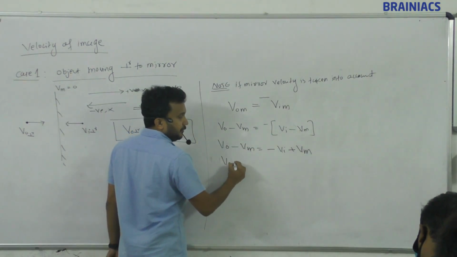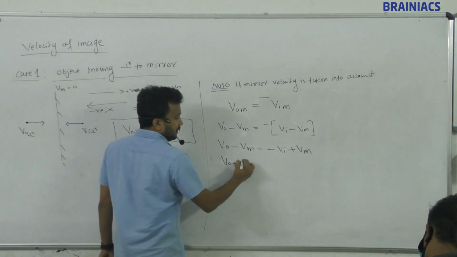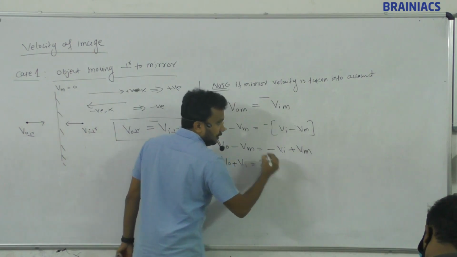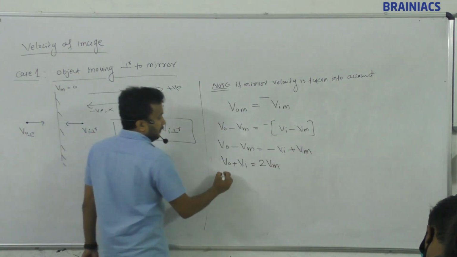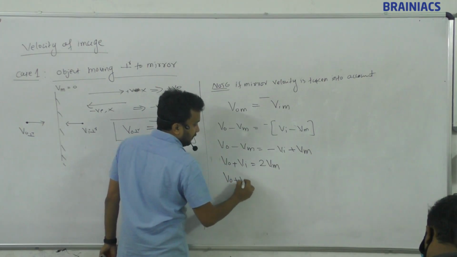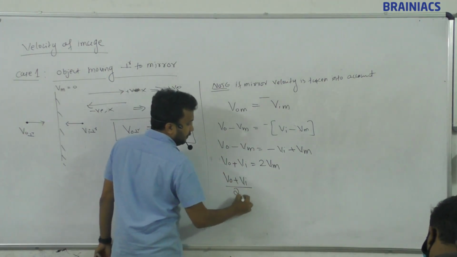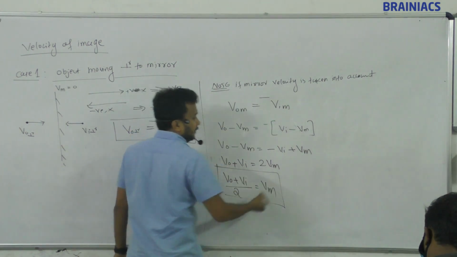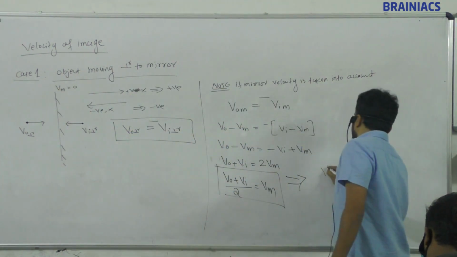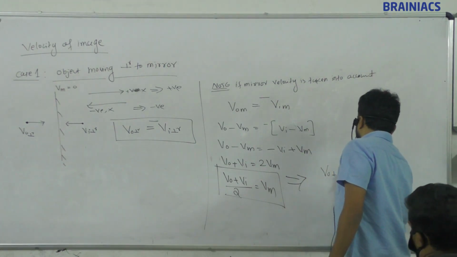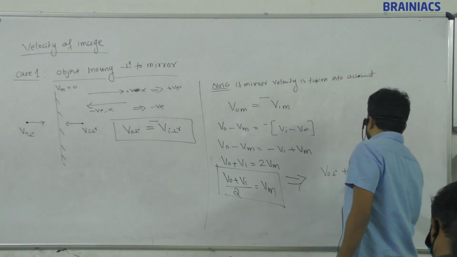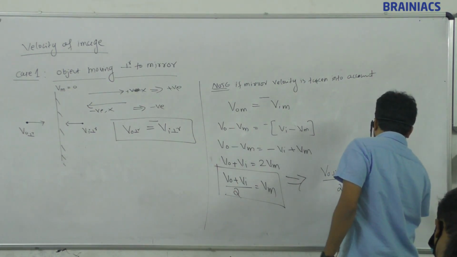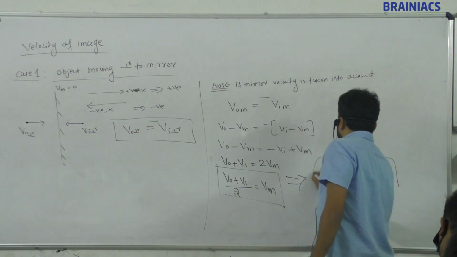So velocity of object plus velocity of image is equal to 2 times the velocity of mirror, and (velocity of object plus velocity of image) divided by 2 is the velocity of mirror. More specifically, velocity of object perpendicular plus velocity of image perpendicular divided by 2 is actually the velocity of mirror.